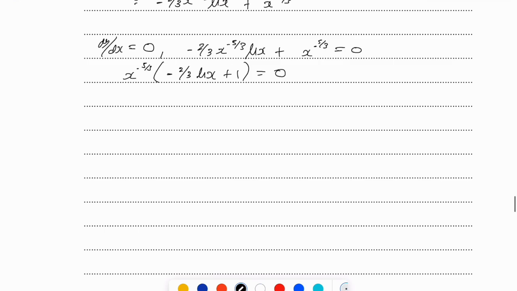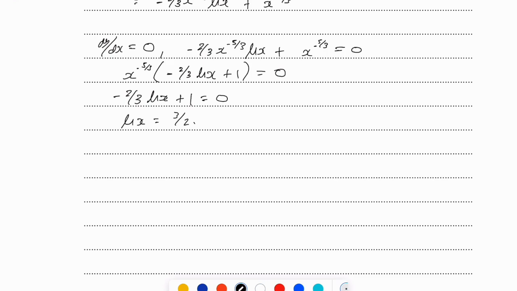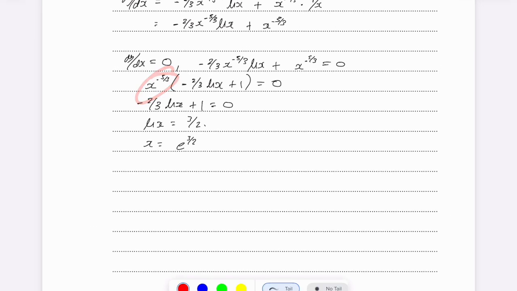So negative 2 over 3 ln x plus 1 equals 0, which means that ln x is going to equal 3 over 2, which means that x is going to equal e to 3 over 2. And obviously, we can't have x to the negative 5 over 3 equaling 0 either. So that's why we're sticking to this.